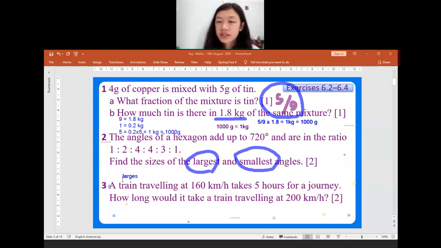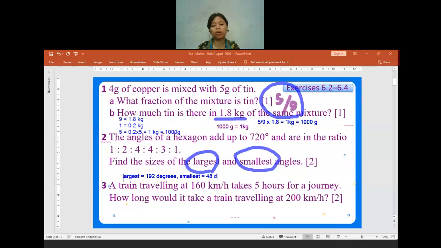Is there anyone who is confused about getting 192 degrees for the largest, and for the smallest 48 degrees? Okay, is there anyone who gets confused? So the first thing that we have to do is find the total of this ratio: 1, 2, 4, 4, 3, 1.